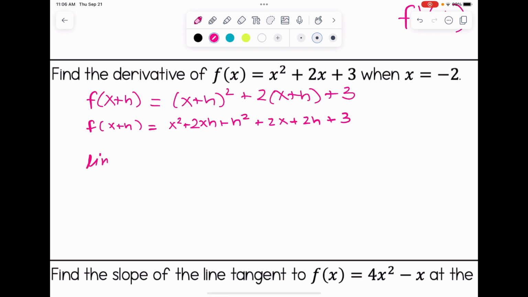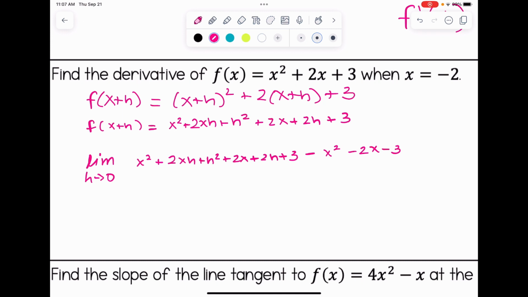All right, now let's plug this into our limit definition of the derivative. So f of x plus h, all of that, minus f of x. I'm going to distribute that minus sign when I do that. So we're subtracting each term all over h.